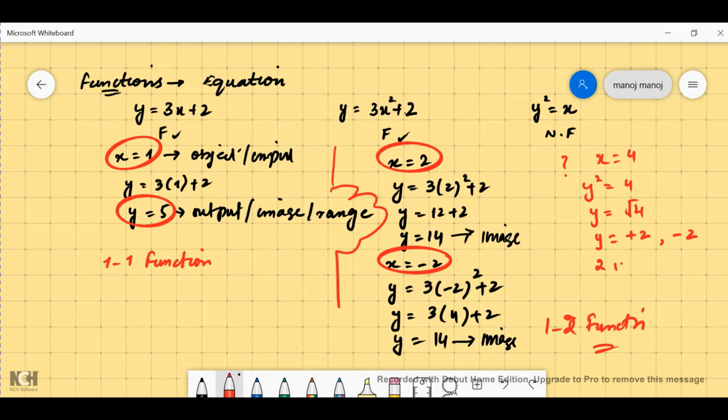There are 2 images, 2 values of y. When we have 2 images of y, this is called not a function. That's the reason we should always have one image. Like here the image is coming 14, and here for one value of x, y is coming 5. This is only one image.